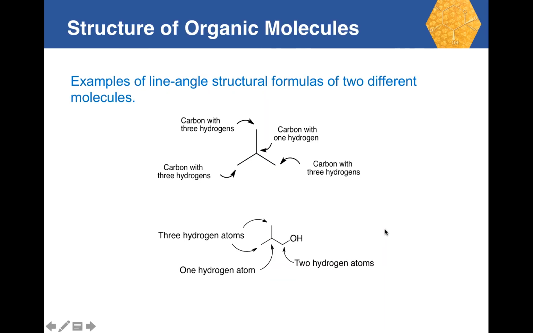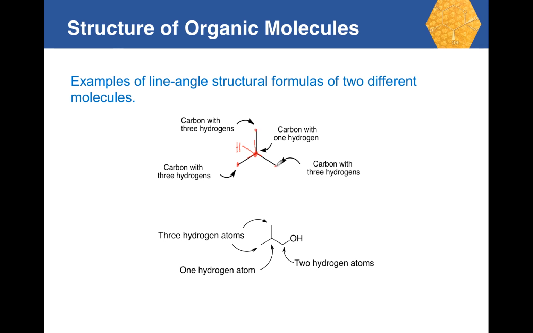Let's look at a couple more examples. So here is the line angle of a molecule. Let's see if we can understand what this means. Here the line starts. We know that's a CH3. It goes here. So here's a carbon that I'm highlighting here in red. But this carbon has 1, 2, and 3 bonds to it. So therefore there is a hydrogen right here to make the 4th. Here's a C with 3 hydrogens.